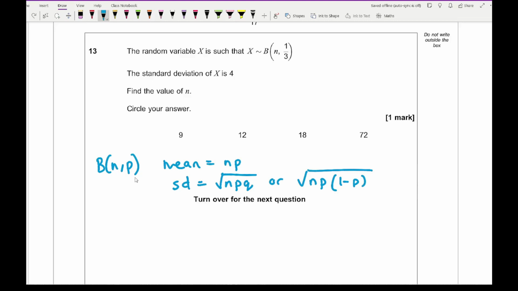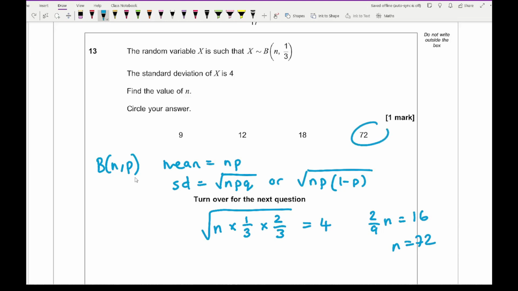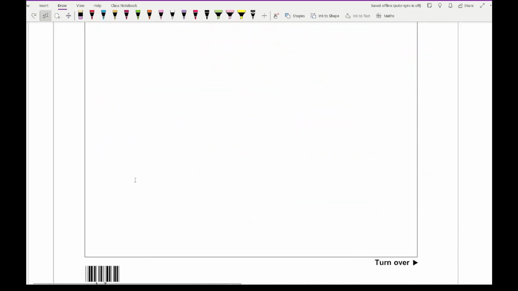So substituting the numbers in, we get the square root of n times a third times 2/3, and that's going to equal 4. So all I need to do is a bit of rearranging, work it out, and we end up with 2/9 n equals 16, so n equals 72, which is our last option.